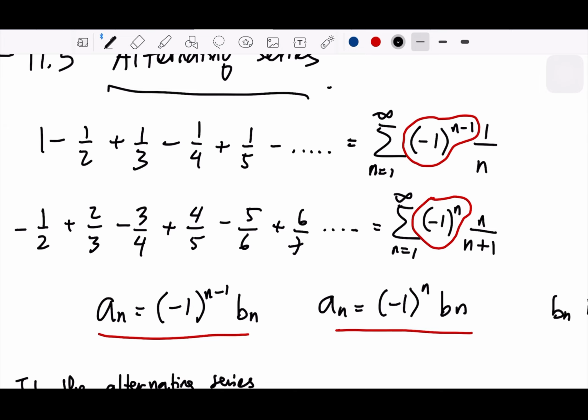If we have just 1 over n, and we add it up, we know from the improper integral that it will be divergent. The 1 over n harmonic series, if you sum it, will be divergent.